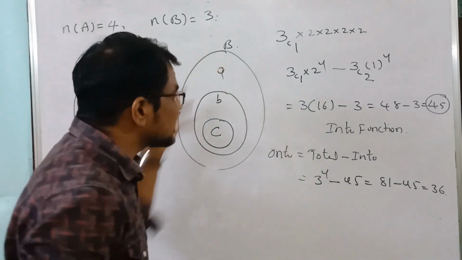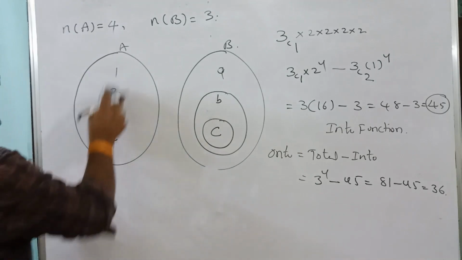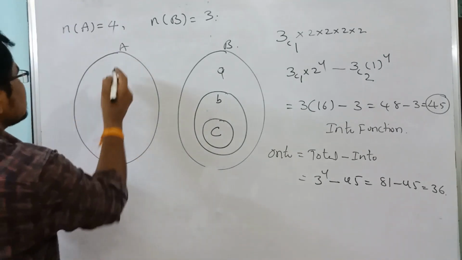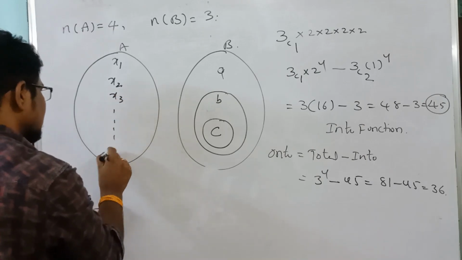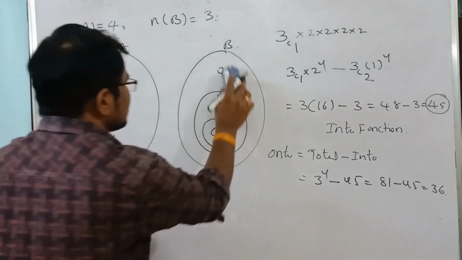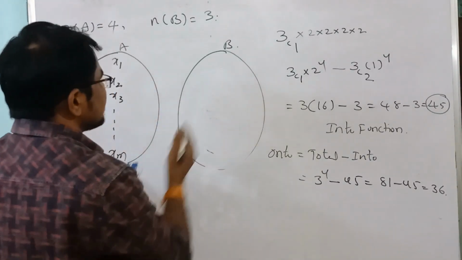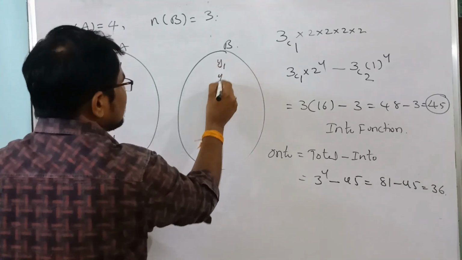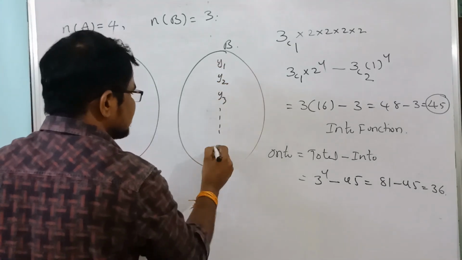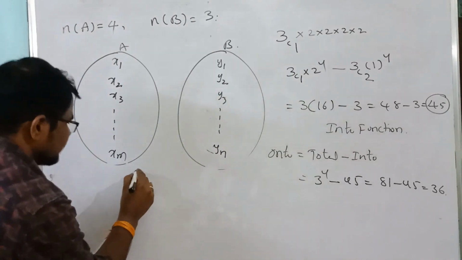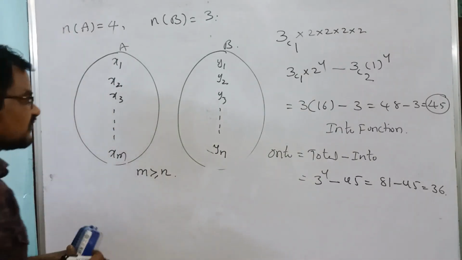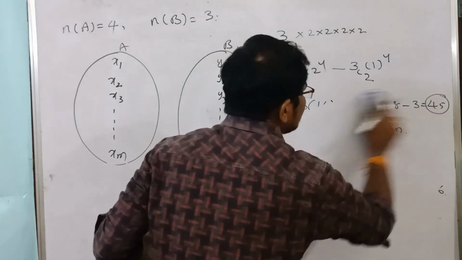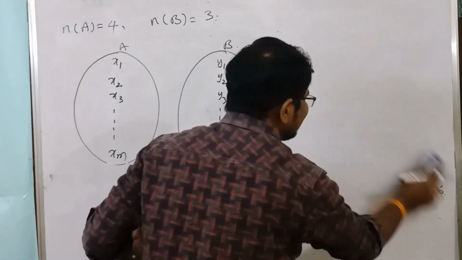So how to generalize this? Similarly, suppose a set contains m elements x1, x2, x3, etc., xm, and a set which contains n elements y1, y2, y3, etc., yn. Here we already took m always greater than or equal to n. If m is less than n, onto functions do not exist.